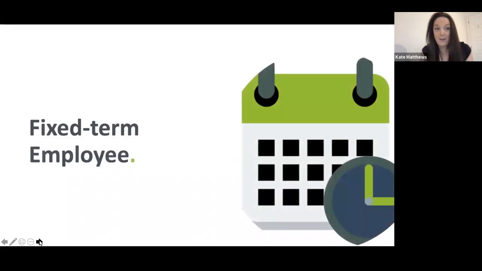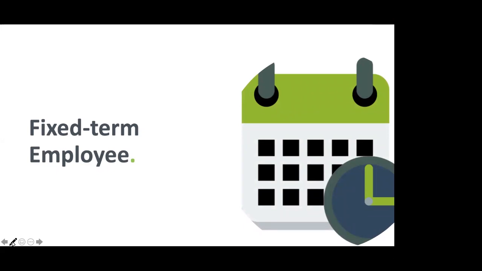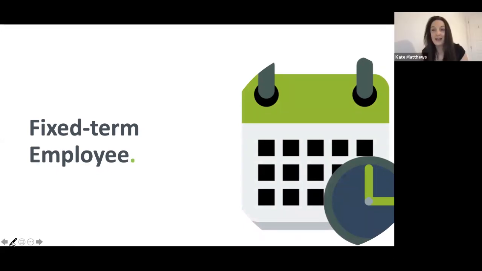The other group that I mentioned is a fixed term employee. A fixed term employee is essentially the same as an employee, but where the contract is only expected to last for a certain amount of time. So you might take somebody on for 3 months or 6 months, maybe to give you a bit of extra boost with your employment for a period of time, or it might be because there's a project that you have on.